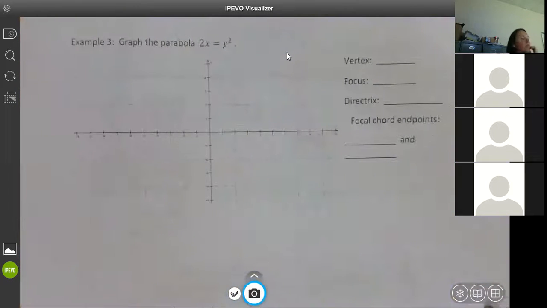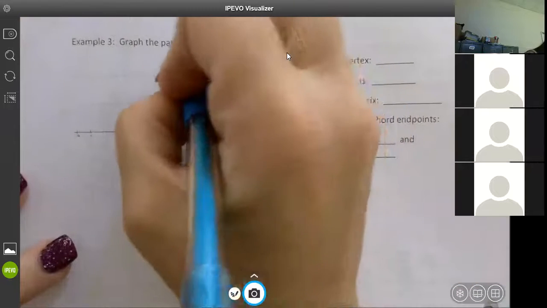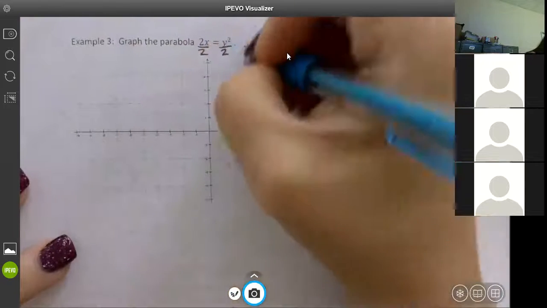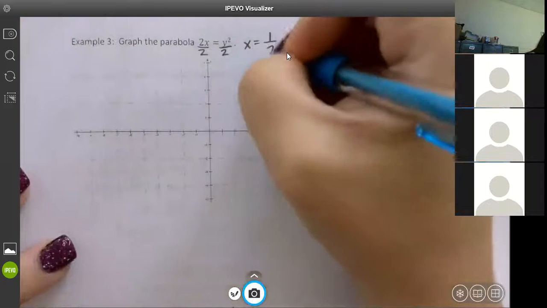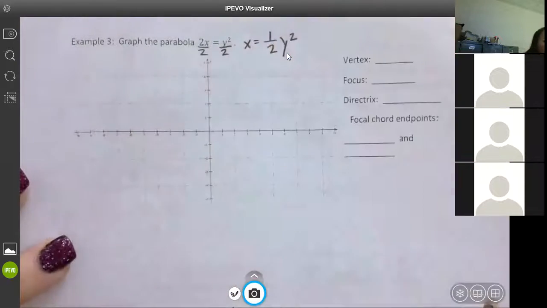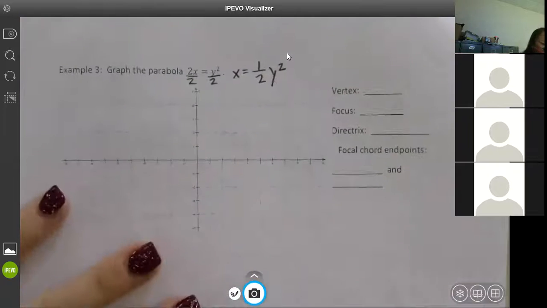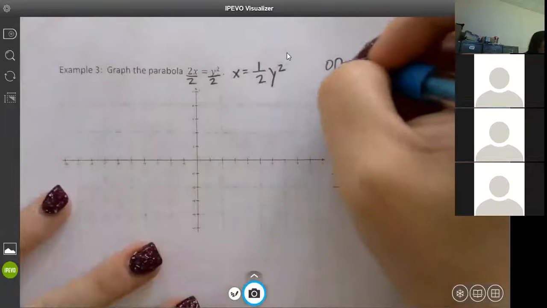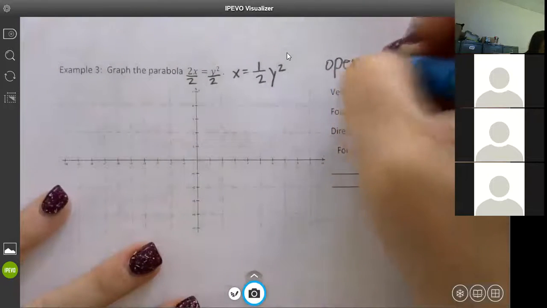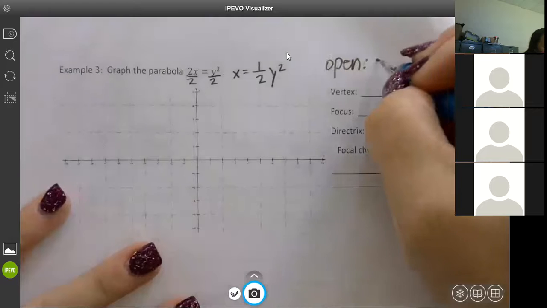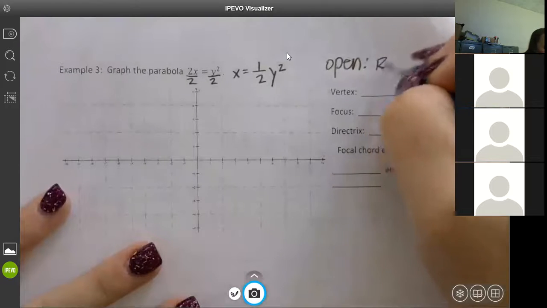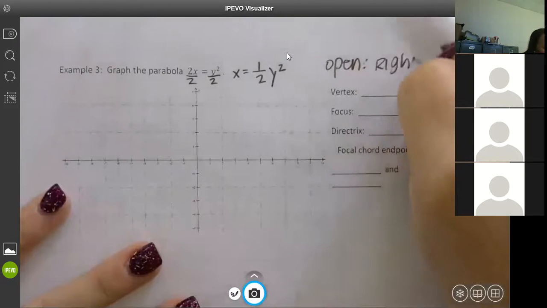Which variable am I solving for on this one? X. How do I do it? When I rewrite it, I get X equals 1/2 Y squared. Which way does it open? Right. It's X equals, so it's left to right.